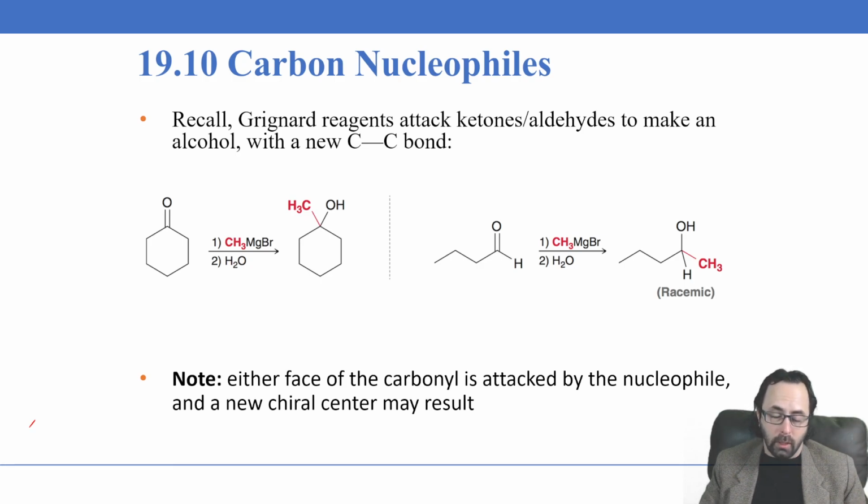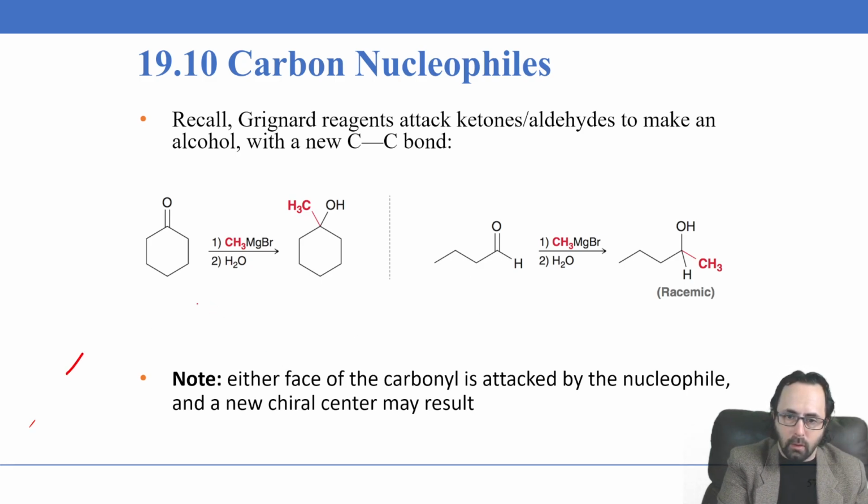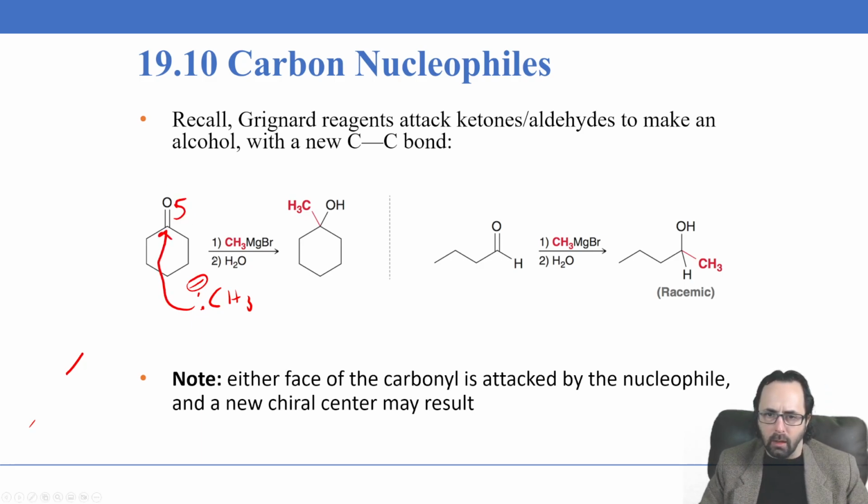It's the Grignard reagent. The Grignard reagent involves a carbanion, in this example CH3 with a minus, and does a nucleophilic attack on the carbonyl. Ultimately, what is produced is a carbon that is attached to both another carbon and bears a hydroxyl group.